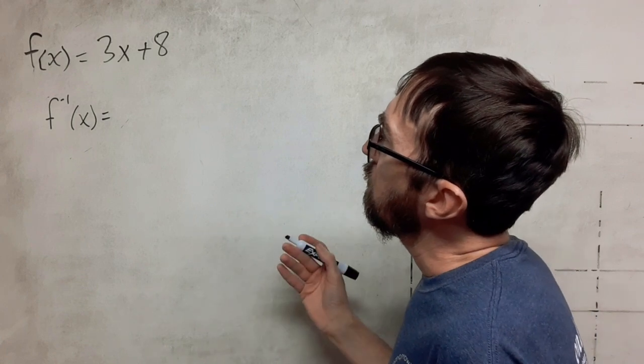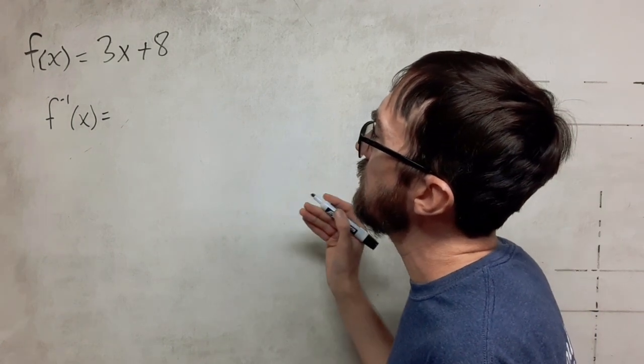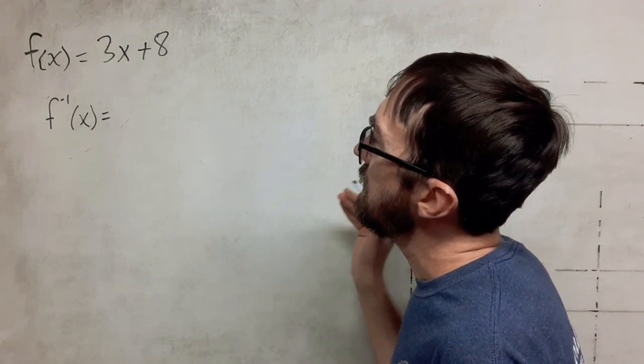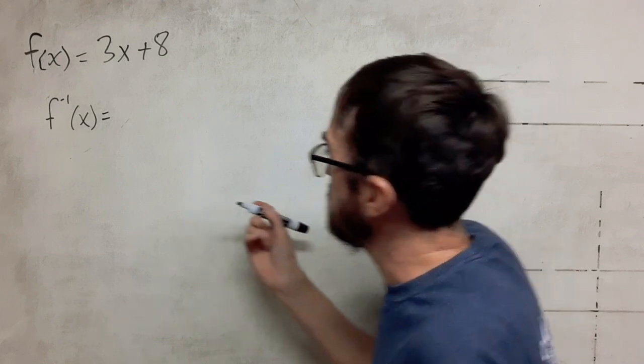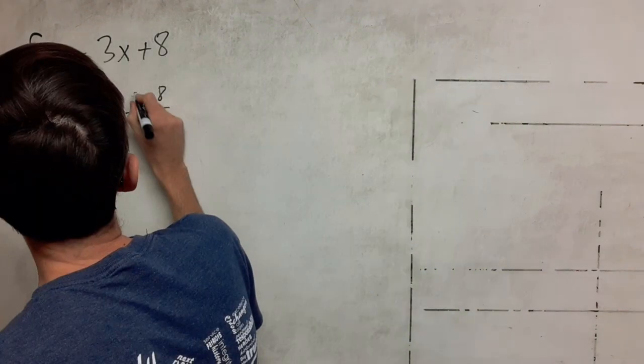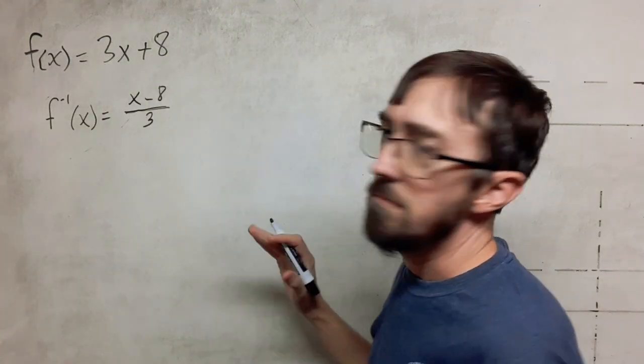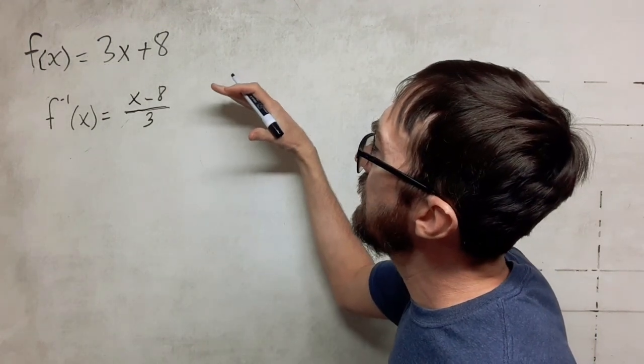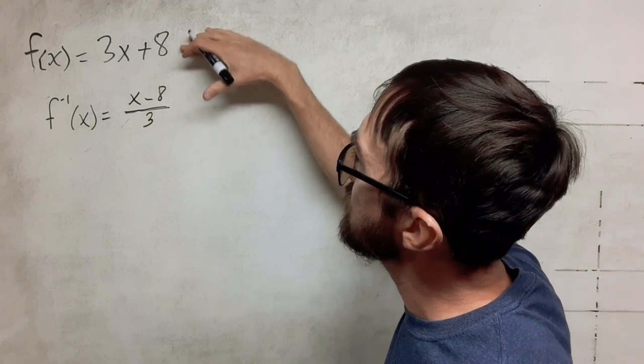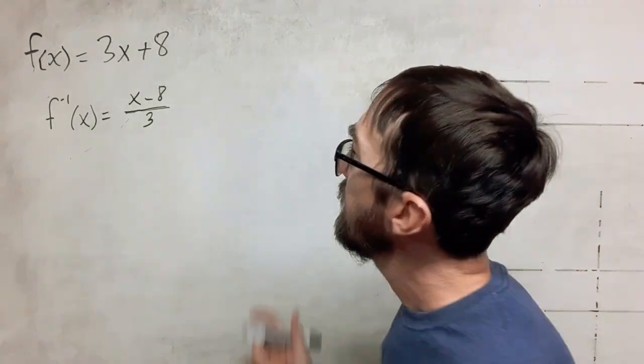We can run through this process and solve for that if we wanted to. So I can say that I'm defining the inverse of this function to be this function.